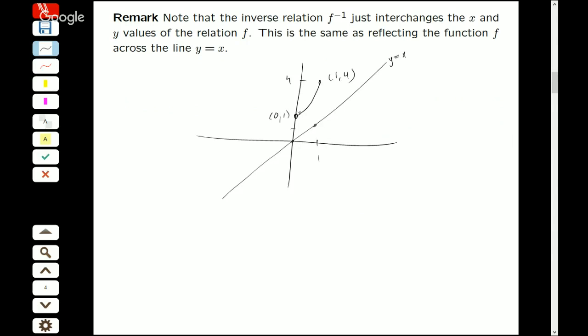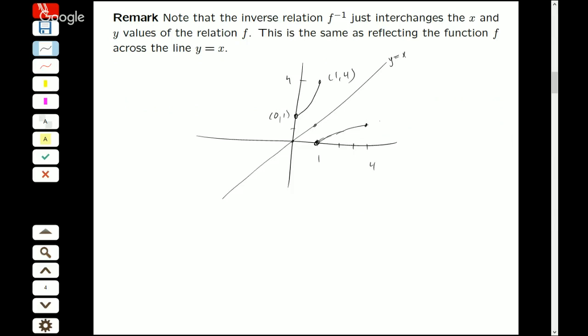If you interchange your x and y, then that point 0, 1 becomes a point 1, 0. That point 1, 4 would become what? 4, 1. And so if I draw my picture, it's going to look something like that. It's a reflection across the line y equals x.